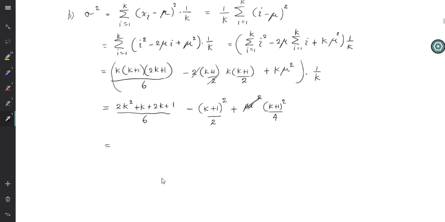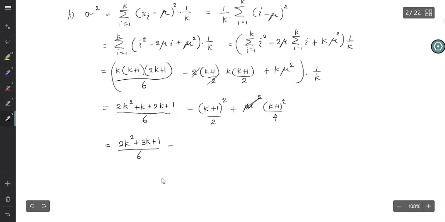Okay, so this becomes (2k square plus 3k plus 1) divided by 6 minus, by combining these two terms, we get 2 times (k plus 1) square minus (k plus 1) square again over 4.